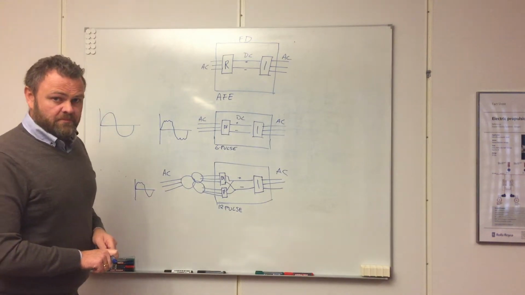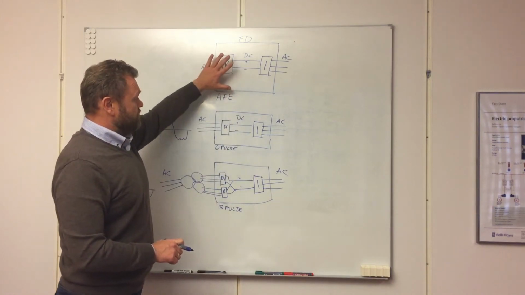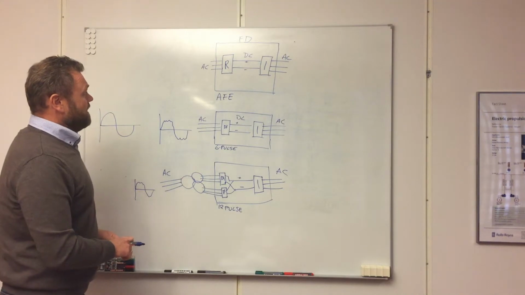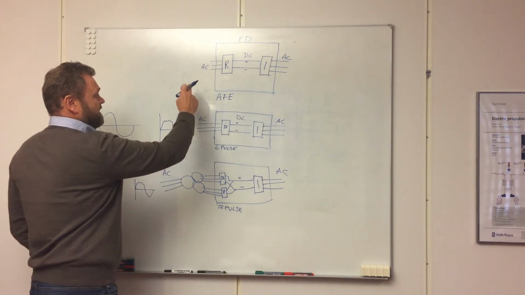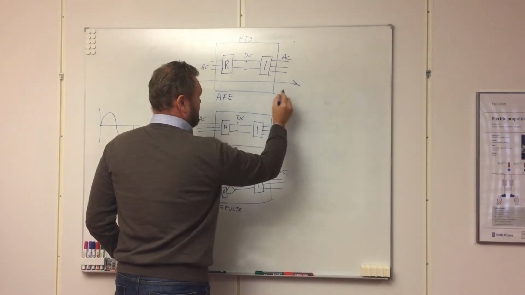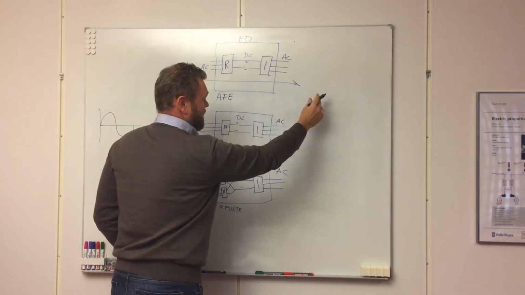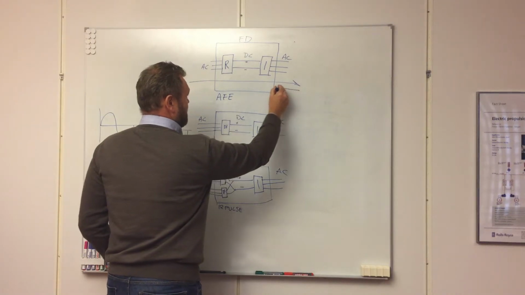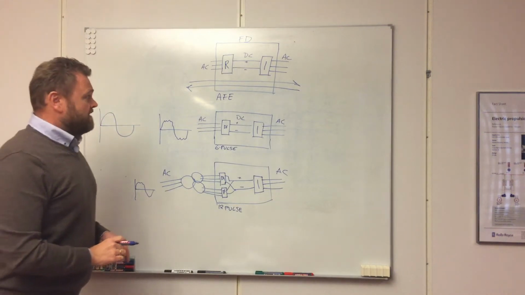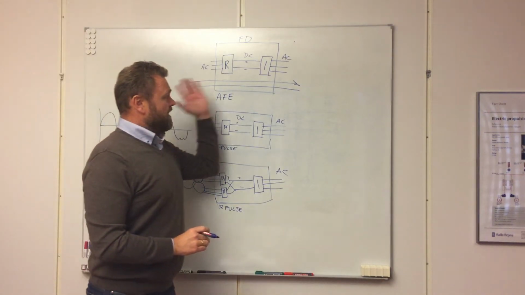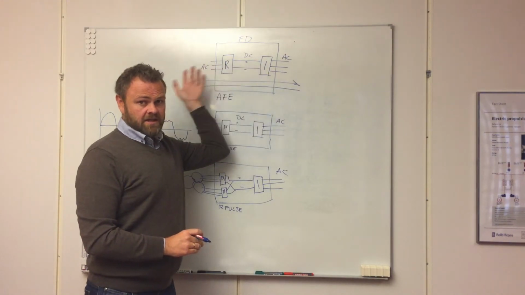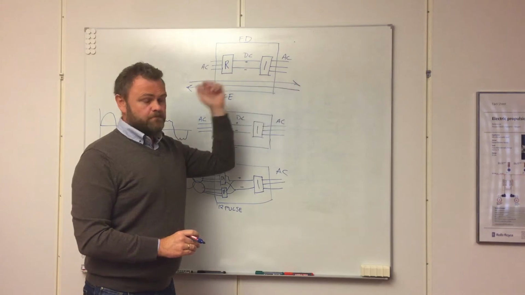There is another big difference between this solution and those with pulse, and that is, in an active front end, the energy can flow, of course, in that direction, but as well in this direction. So the active front end is bidirectional. The power can flow seamlessly in both directions.